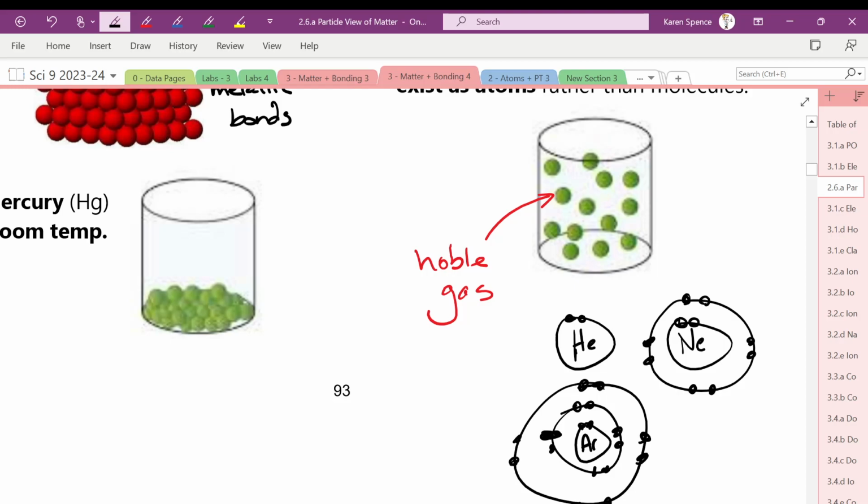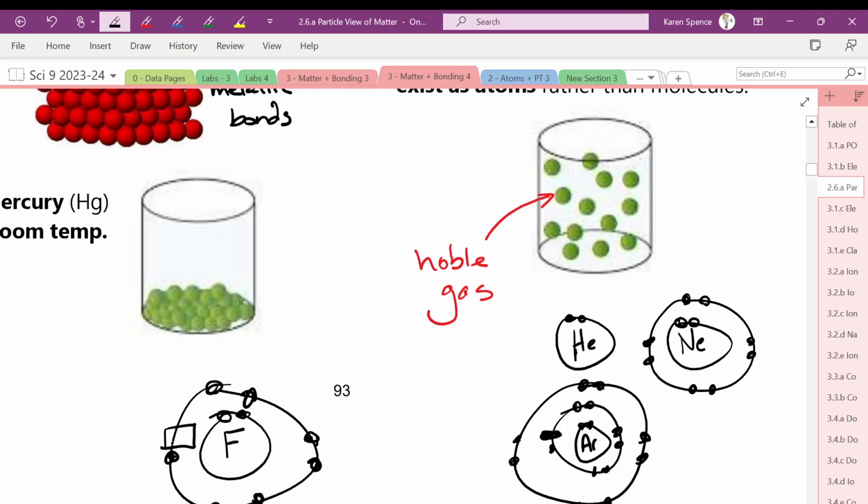Why are these guys okay being single atoms, but fluorine, for example, is not? It doesn't have a full shell. So what does it have to do in order to become full? It has to gain one electron. So it'll either form an ionic compound by taking an electron from the metal, or it will share with a little buddy.